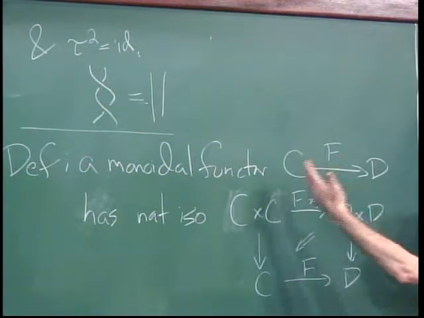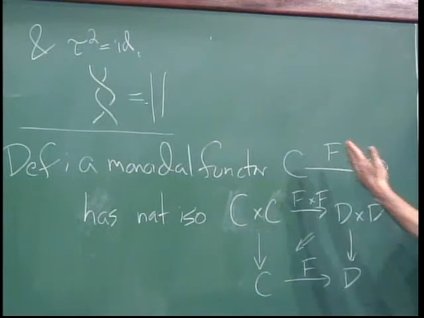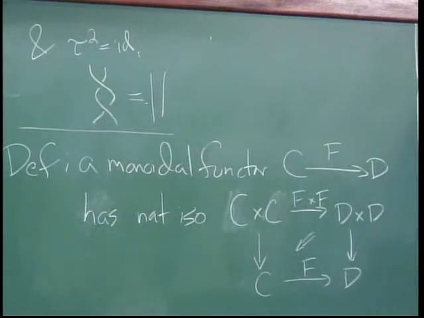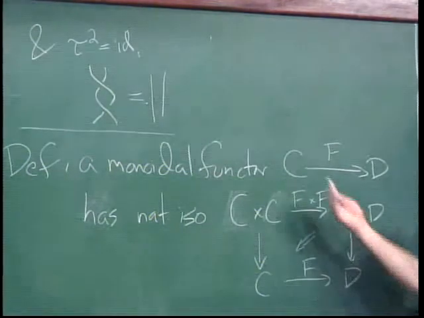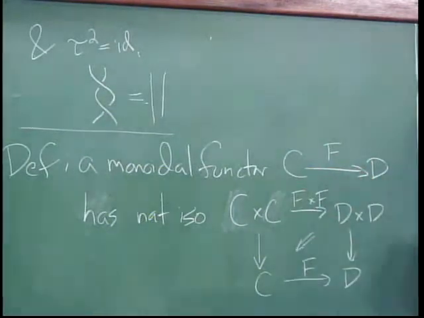And again, all these definitions are just modeled on the normal ones from algebra. If you wanted a map of groups, then you want it to be a homomorphism, and that's what this is saying.